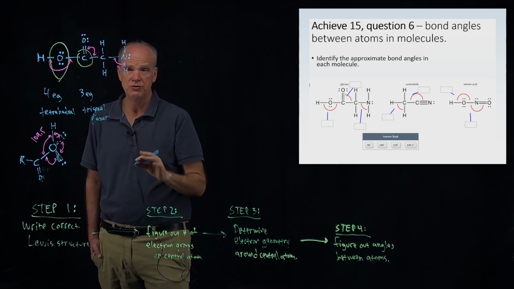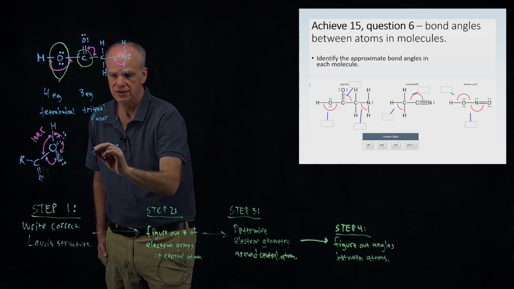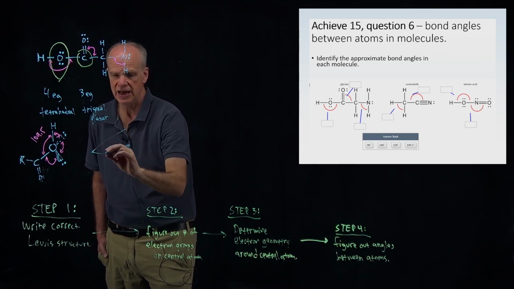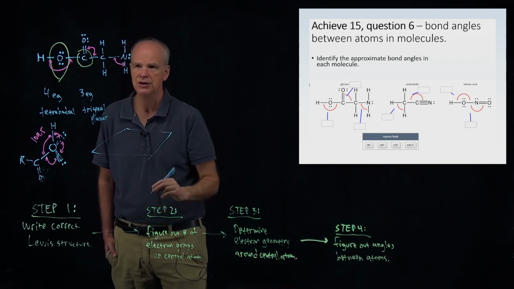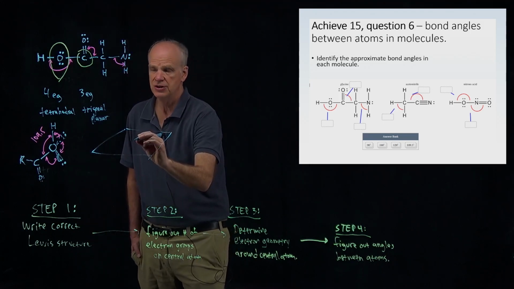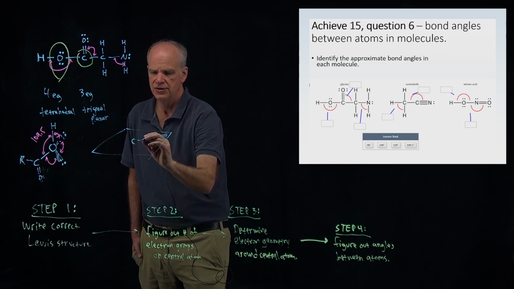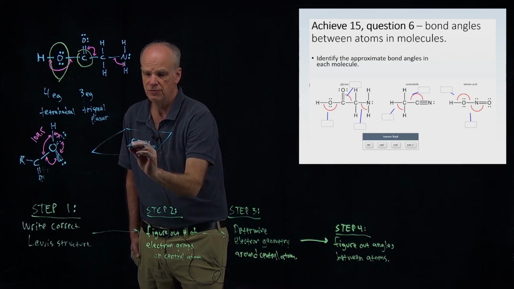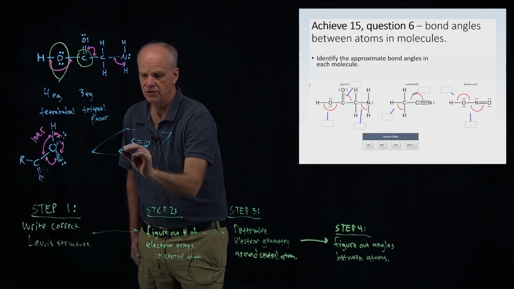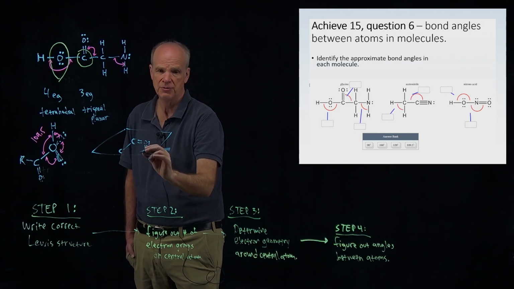Really quickly, what this might look like is imagine these atoms that we're considering are in the same plane. I'm trying to draw a plane here. We have carbon here, double bonded to oxygen. And leaving this carbon, maybe we have going to another carbon and the rest of the molecule.